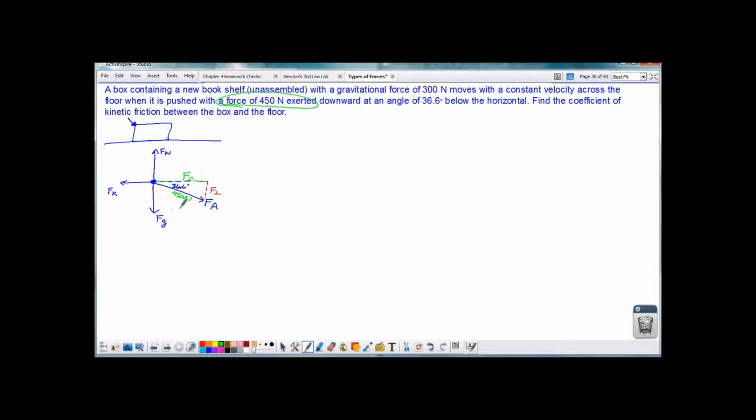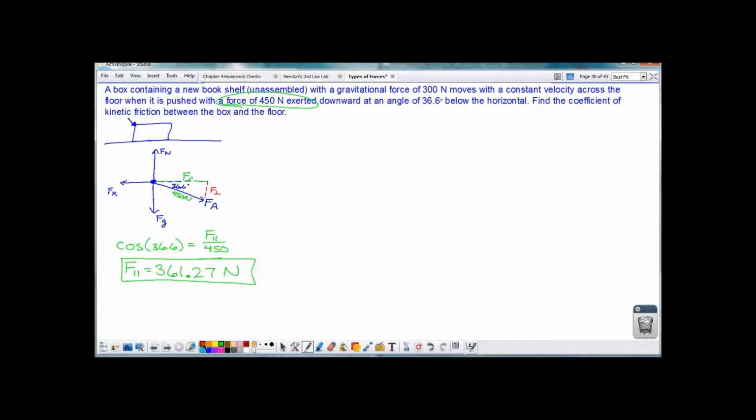So I've got my adjacent and my hypotenuse, so I'm going to use the trig function of cosine. So the cosine of 36.6 degrees is equal to the parallel side divided by 450. To solve, multiply both sides by 450, and you will get 361.27 newtons.